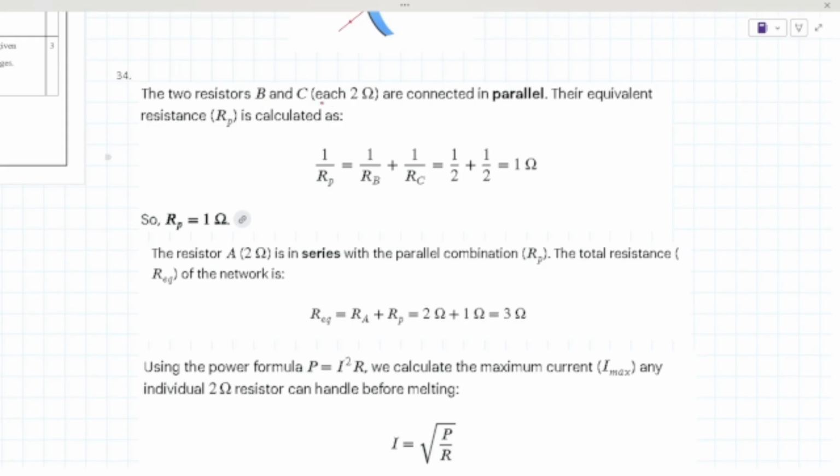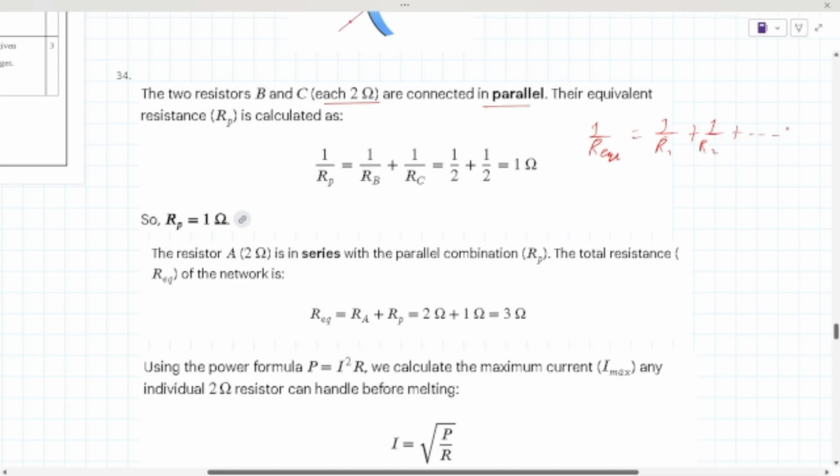Resistors B and C are connected in parallel. The equivalent resistance will be, in parallel, 1 by R equals 1 by R1 plus 1 by R2 plus dot dot dot plus 1 by Rn, right? This formula you have already proved.